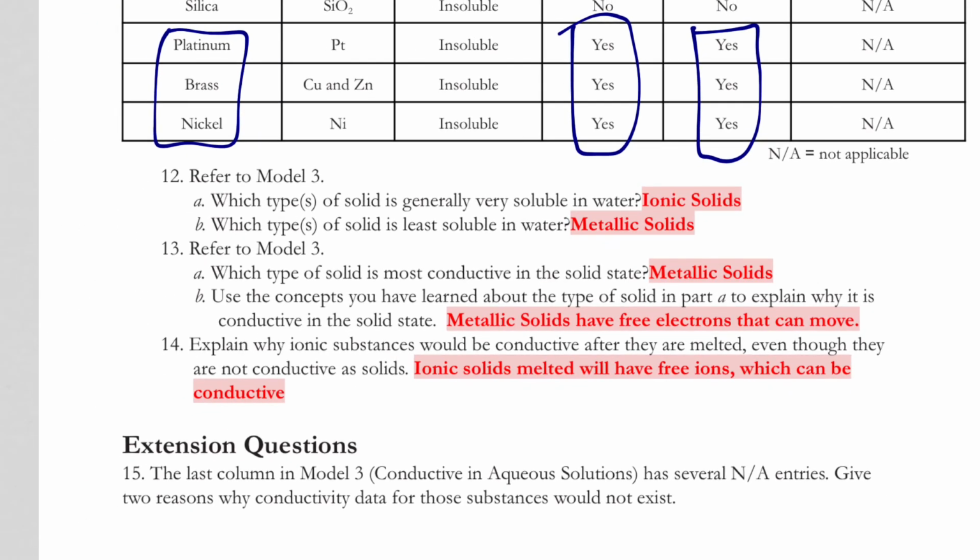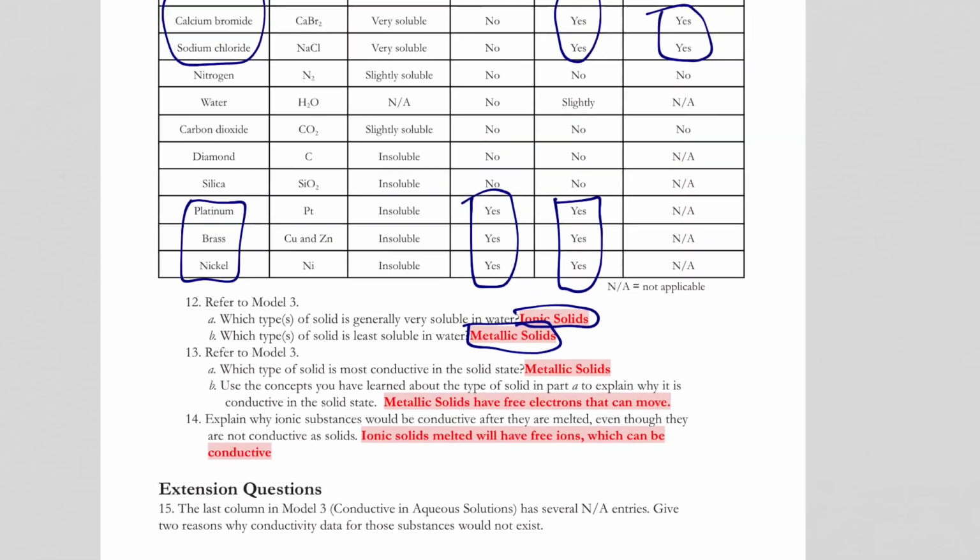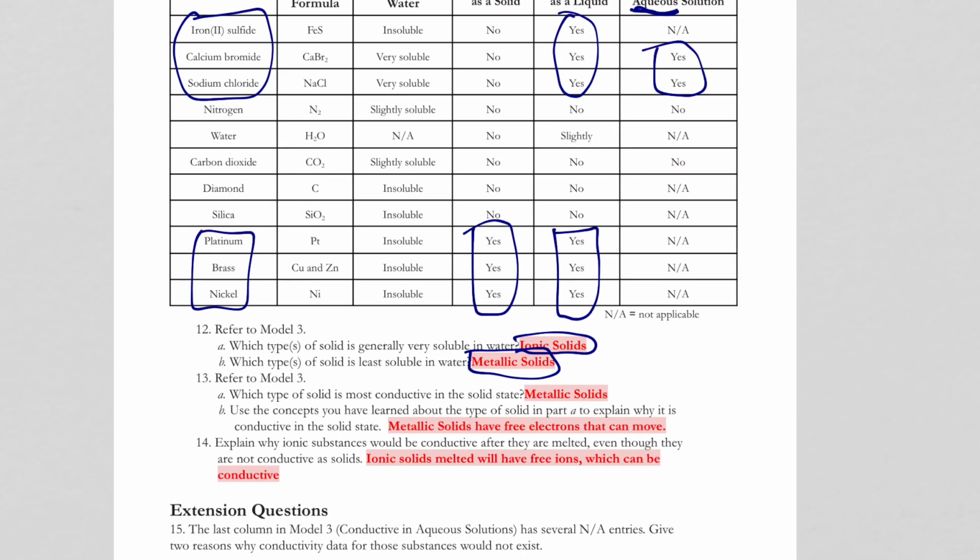So, which type of solids is usually soluble in water? Well, that is going to be the ionic solids. Metallic solids are going to be least soluble due to the fact that most of them don't dissolve, as well as network covalent solids too. So those are both correct answers for that one.